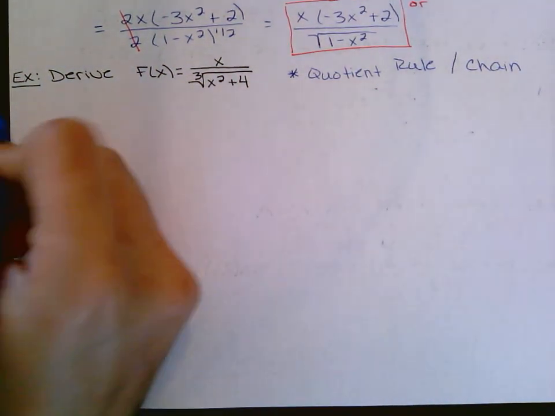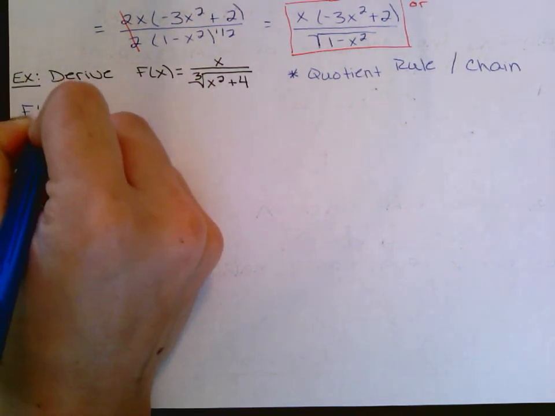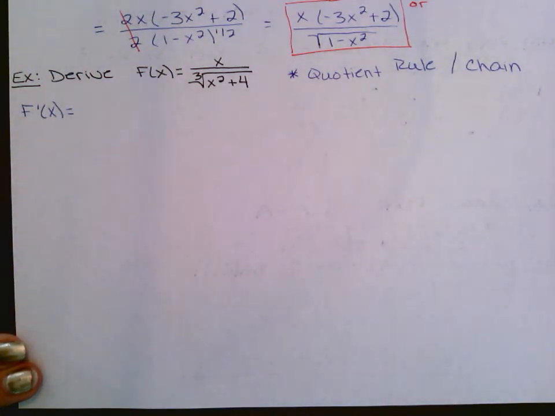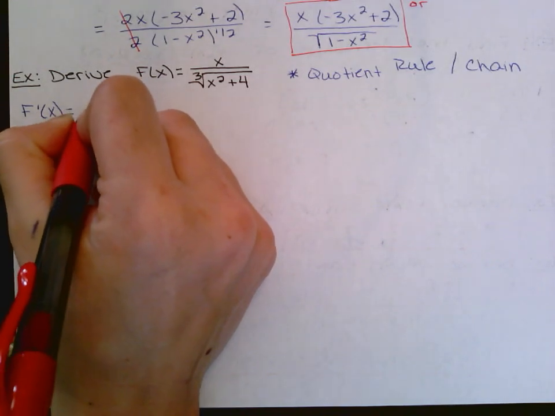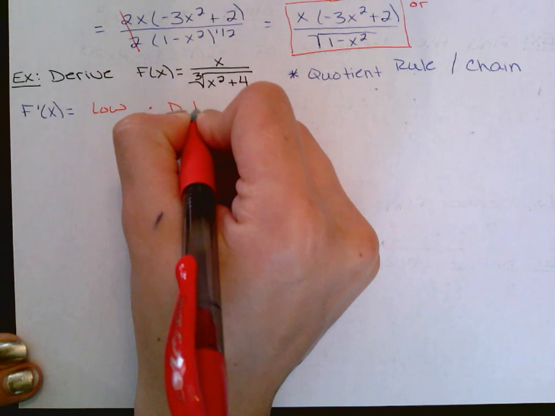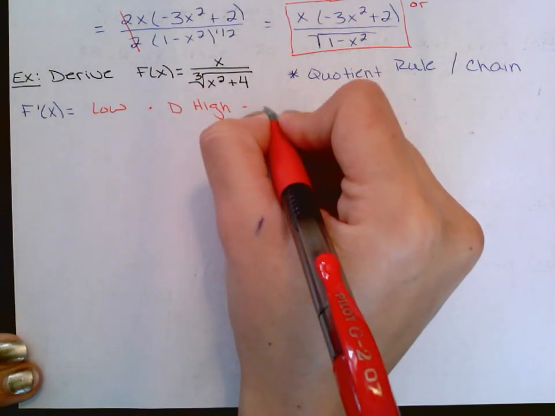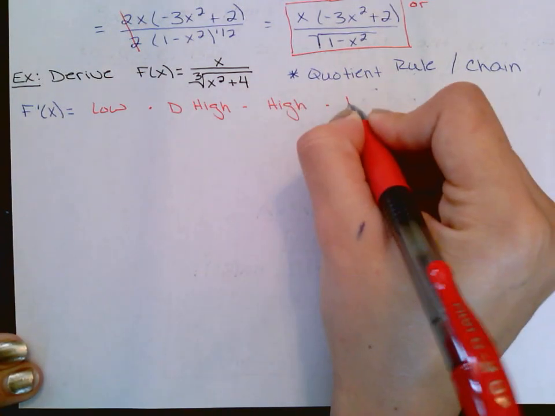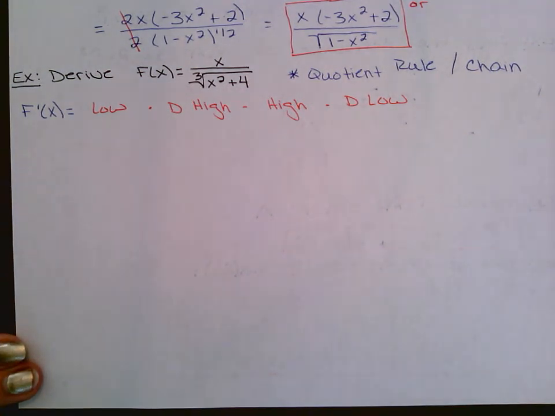So, if I want to derive this, I'm going to say f prime of x equals, and I'm going to write out the words for you so that we could take this step by step. Low d high minus high d low. And then we'll worry about the low squared after, okay?